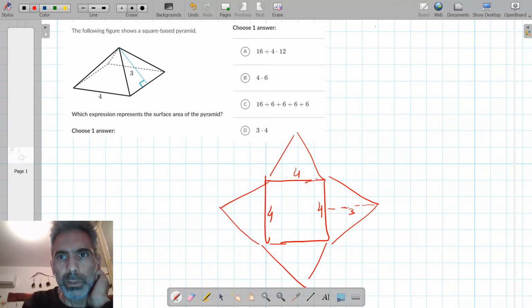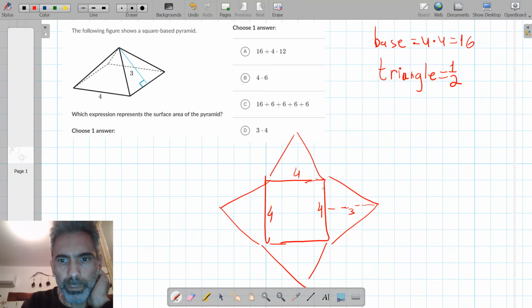The base is 4 times 4, which is 16. Each triangular face has an area of 1/2 times the base of the triangle, which is 4, times the height, which is 3.